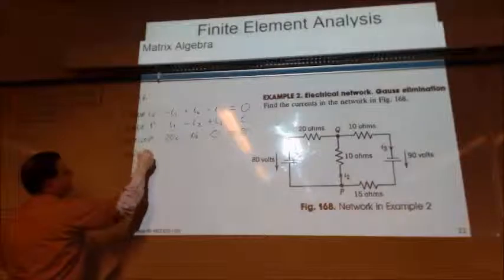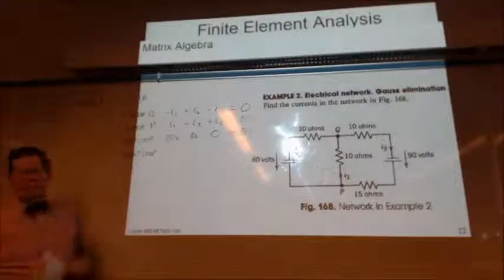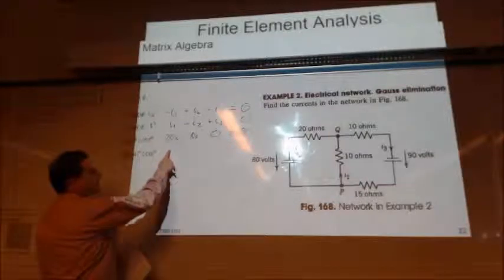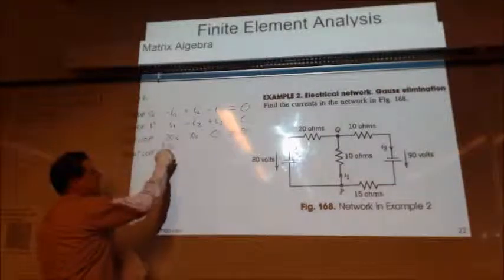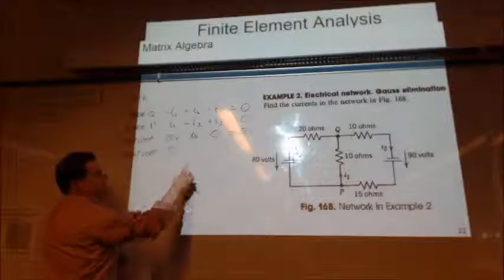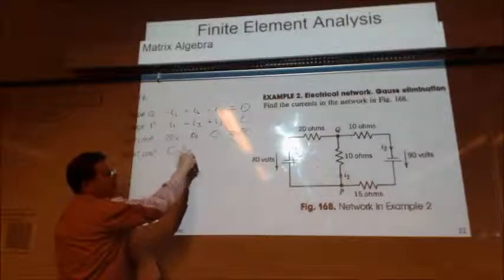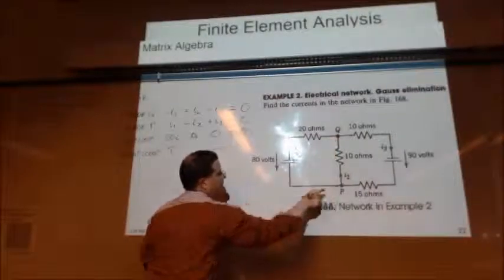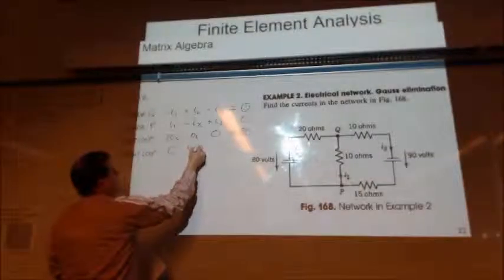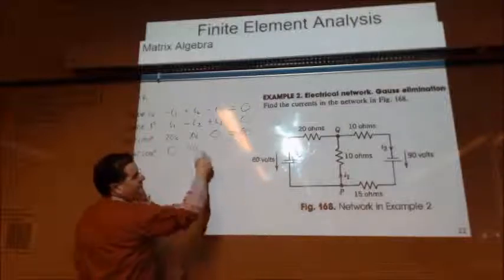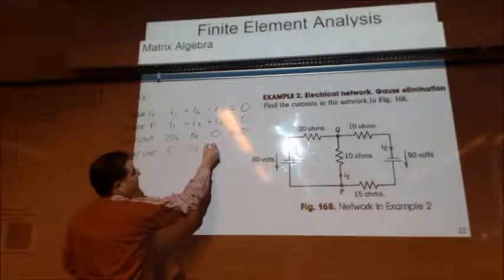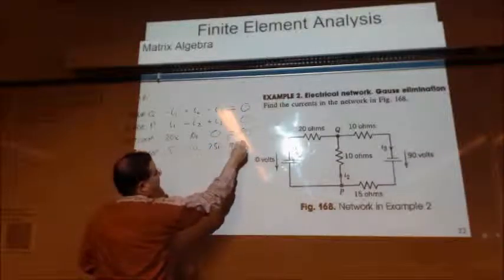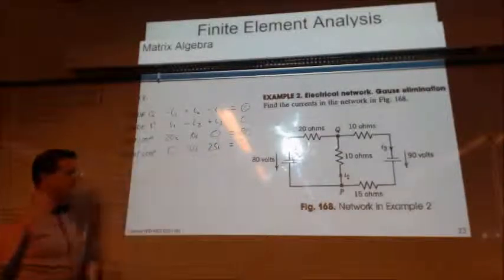So the right loop, what's the right loop going to look like? Do I have anything for I1? No, so it's going to be 0. What's I2? Well, I2 is here to here, so it's 10. And then I3 will be what, 25, equals 90.